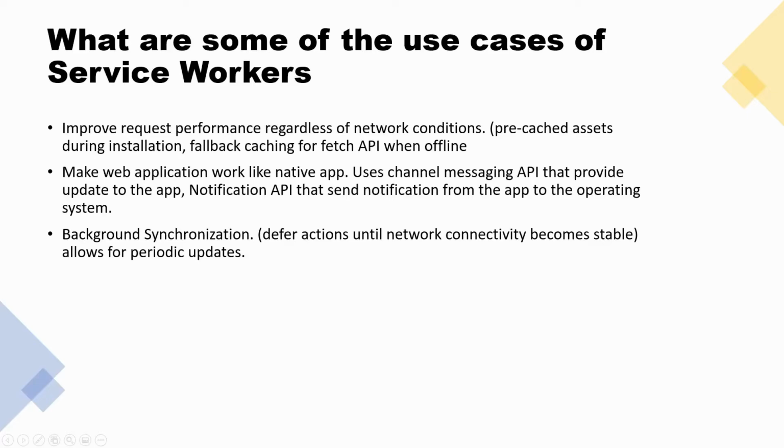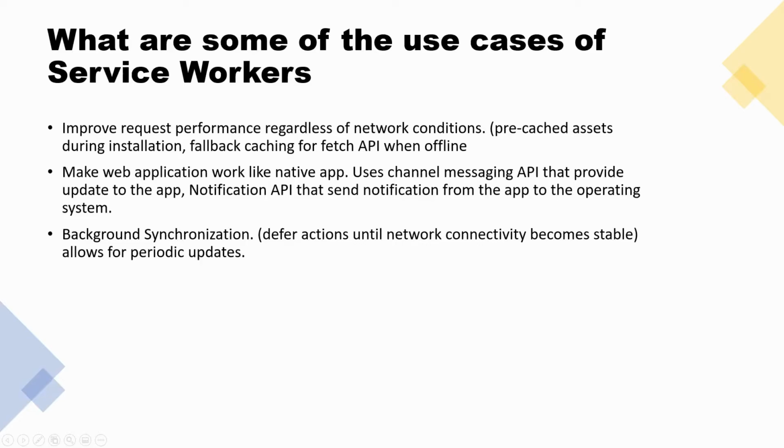The other thing that is quite well known for progressive web apps is that they can make web applications work like native applications. In a native app, you often receive updates to your application, and you can also receive notifications from your application to the operating system. With the service worker, you can use the channel messaging API and notification API to implement features such as these.